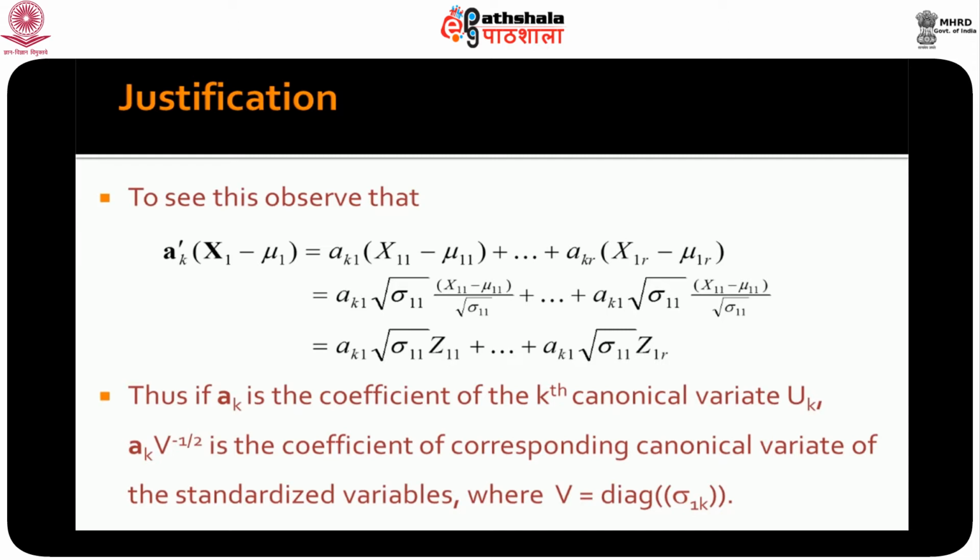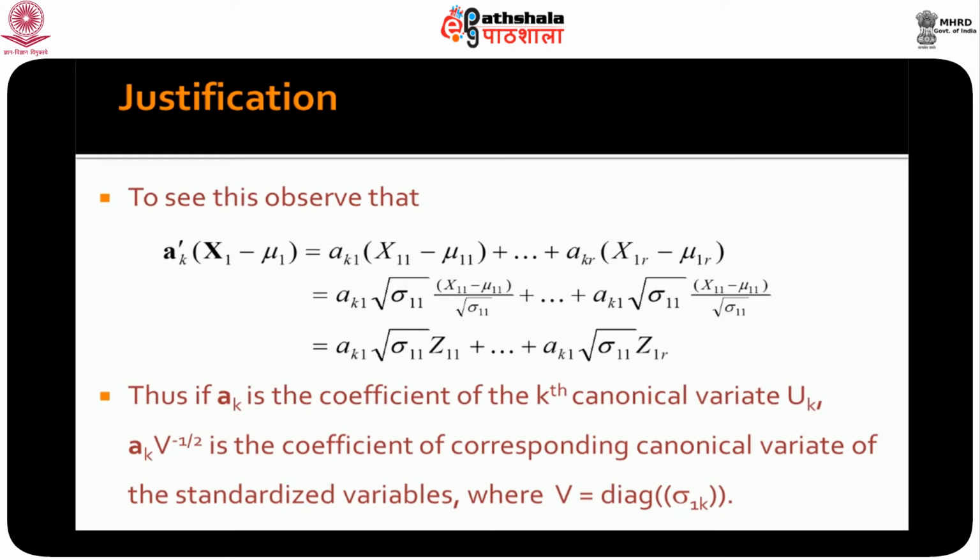And you can very easily see that we can go from one to the other. In this case, the coefficients would now become ak1 root sigma 1 1 for the z1 variable, ak2 root sigma 2 2 for the z2 variable, and akr root sigma rr for zr.